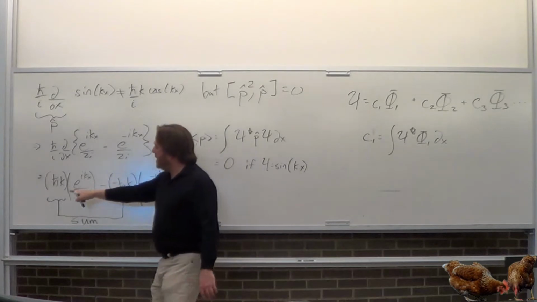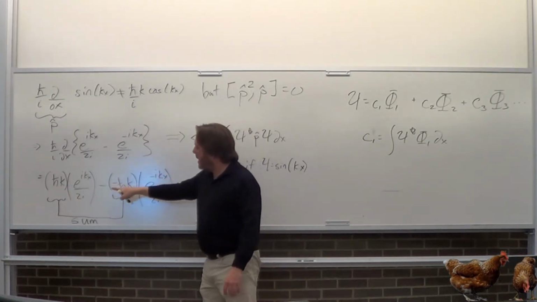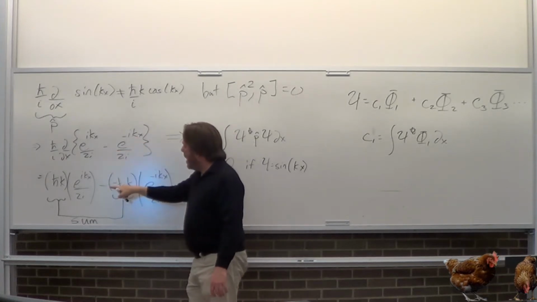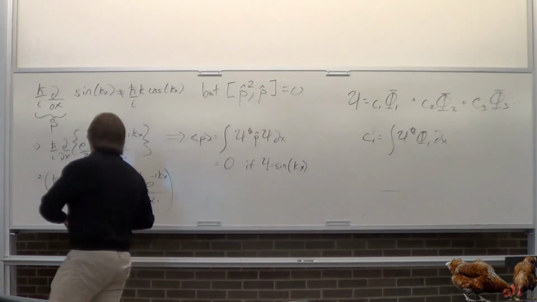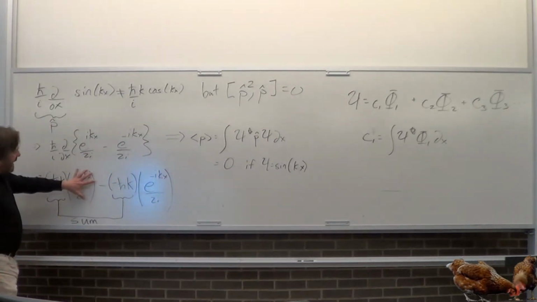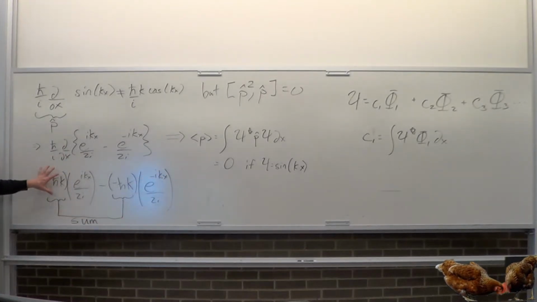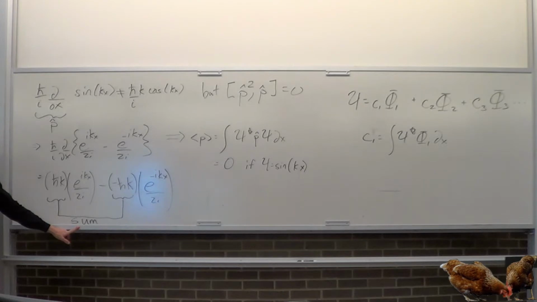The first guy is easily h bar k. Now remember that the next guy, you bring down a minus ik, so you end up with a minus. So what you see is you still see your sine function, e to the ikx minus e to the minus ikx, there's your sine function. But then you see that the momentum components are plus and minus, and they sum to 0. So that was a snarky way to show how to do this.